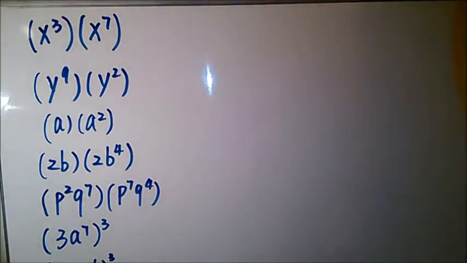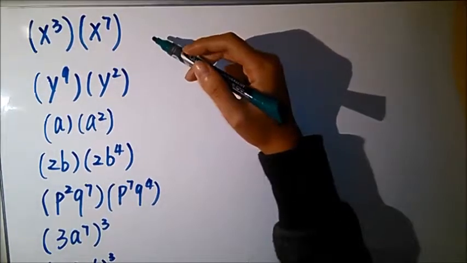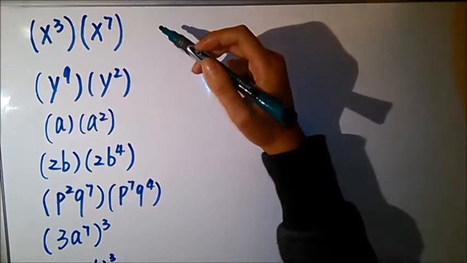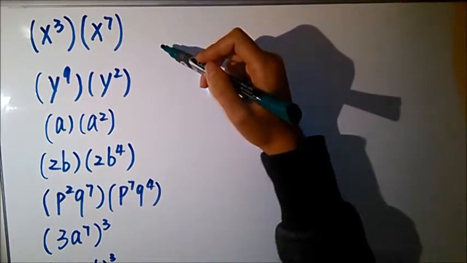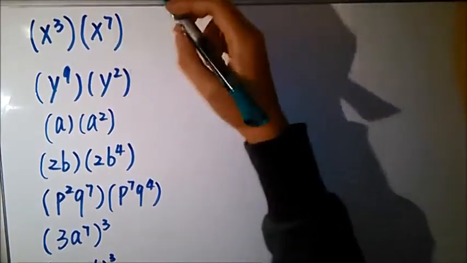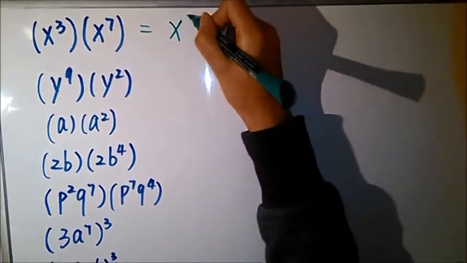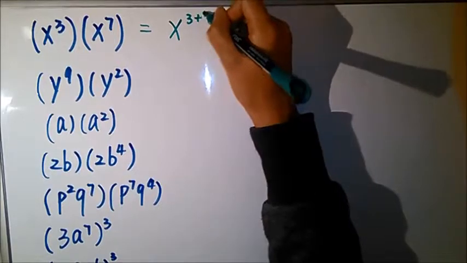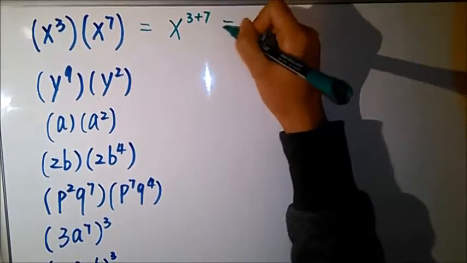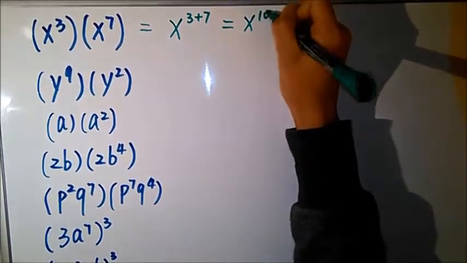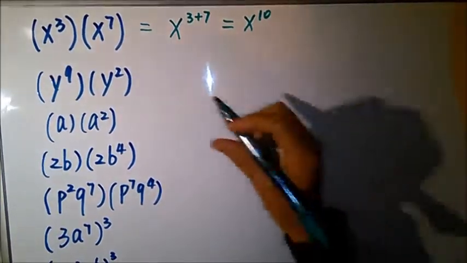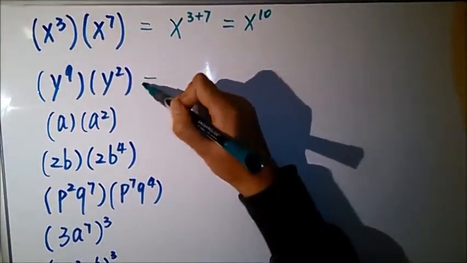X cubed times x squared. When you multiply like bases, the exponents are added together. So it will be x to the power of 3 plus 7. Okay, great. And the answer will be x to the 10th power. Next one. We have like bases, great, y's.